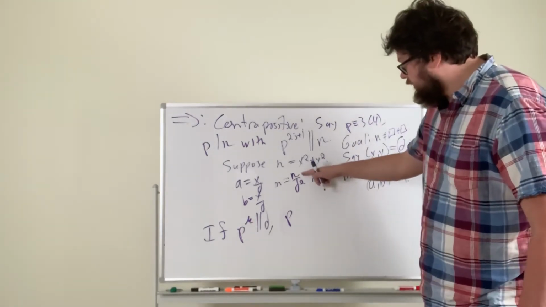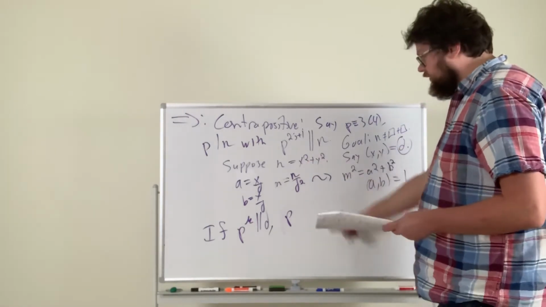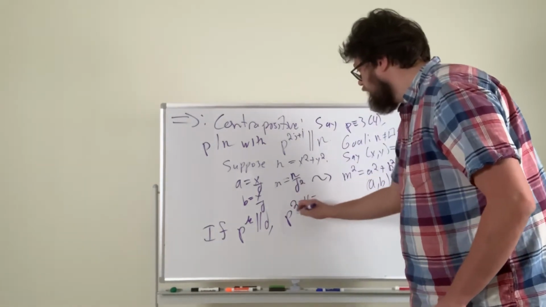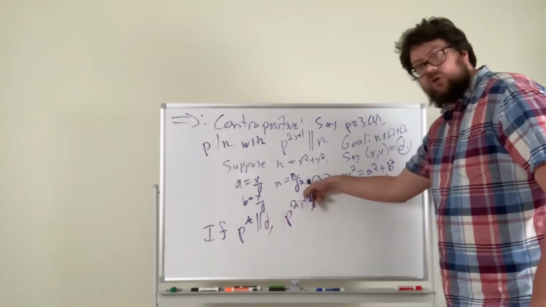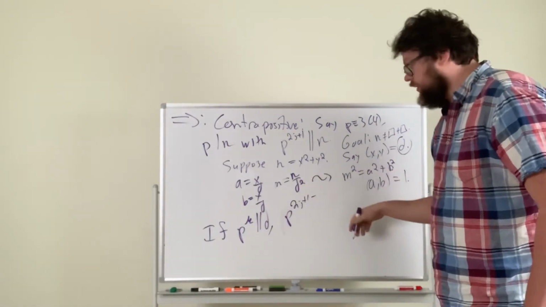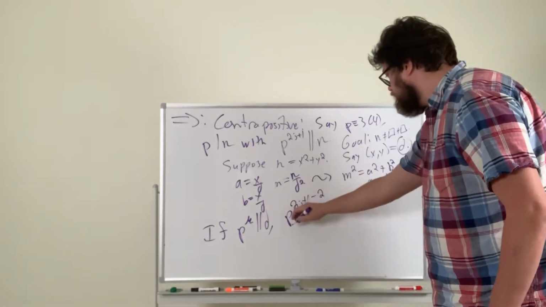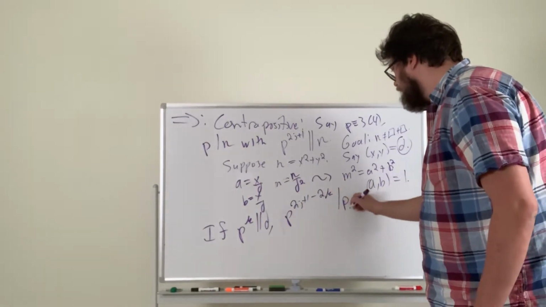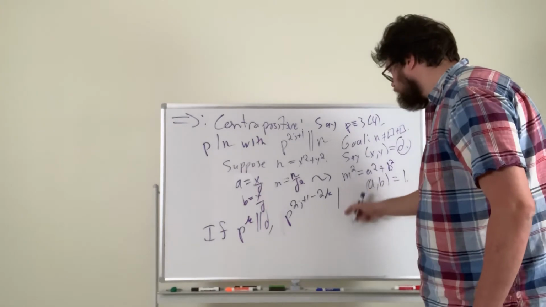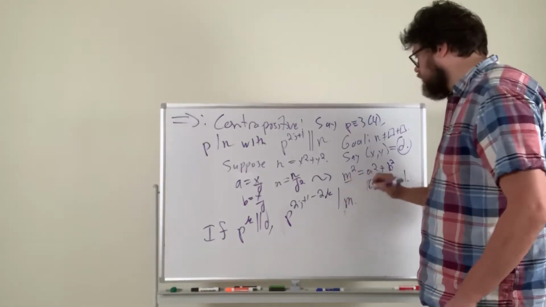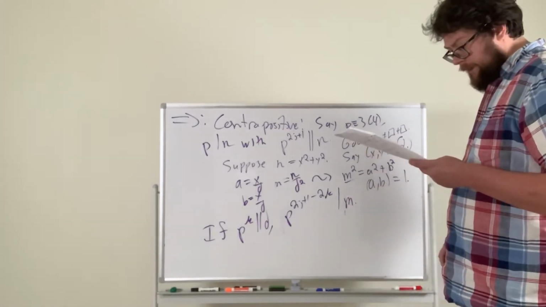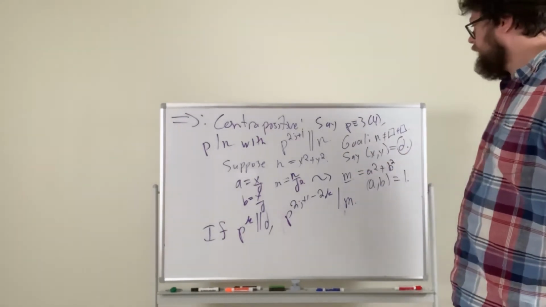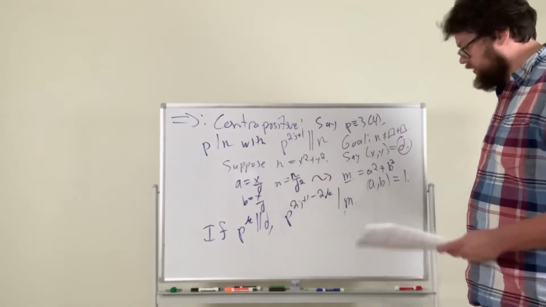So the power of p that divides n over d squared is at least the power in n, 2j plus 1, minus twice the power in d, because there's a d squared in the denominator. So p to the 2j plus 1 minus 2k divides m, my new thing here. M is a sum of two squares, just like n was a sum of two squares.